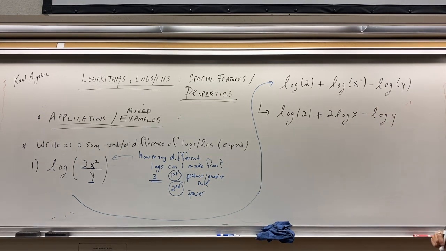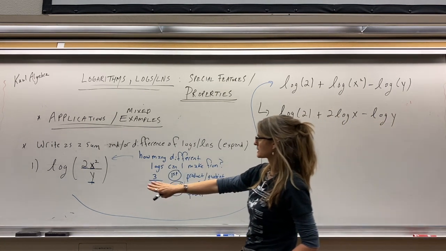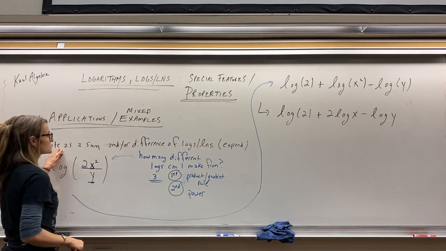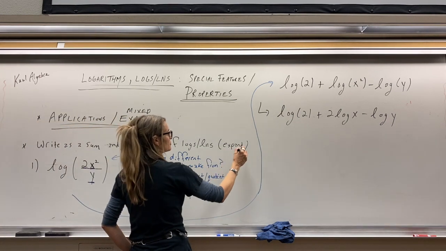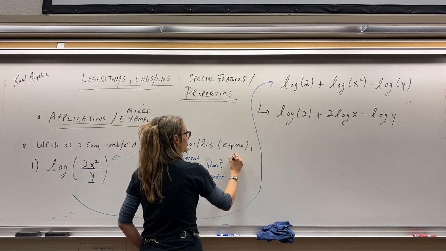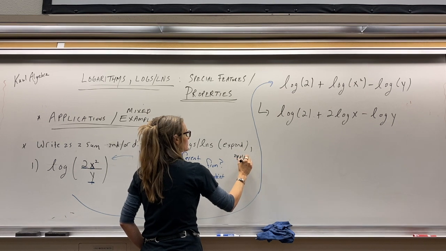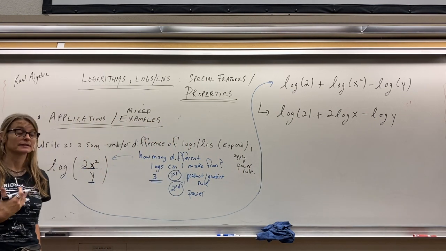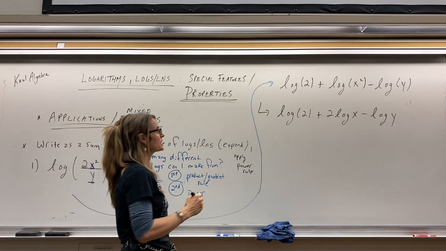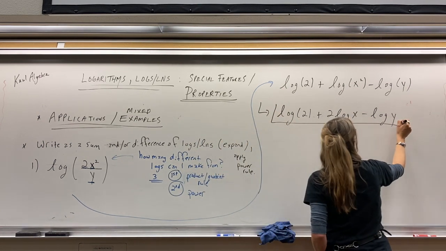So this would be my final expanded version of the first expression. It might say write as a sum or difference of logs or ln's, expand, or apply your power rule. It's usually assumed if you're expanding to do all 3 of those. So that's my final answer in that case.